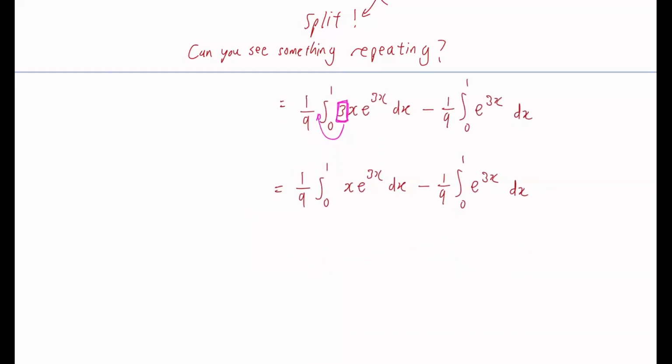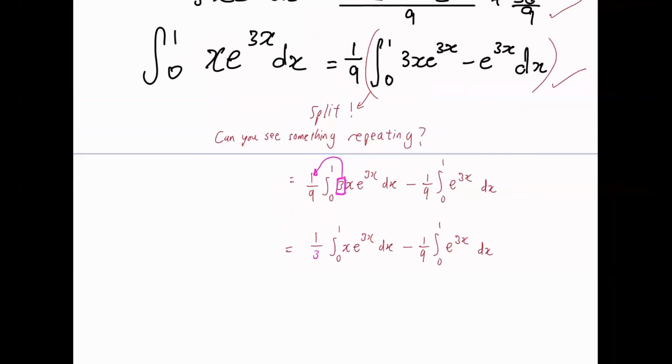In this case, the 3 and the 9 cancel away. You're left with 1 over 3. Is that correct? Yes. Now the 3 goes to the numerator, so 1 times 3, then over 9, that is 1/3. Very good.